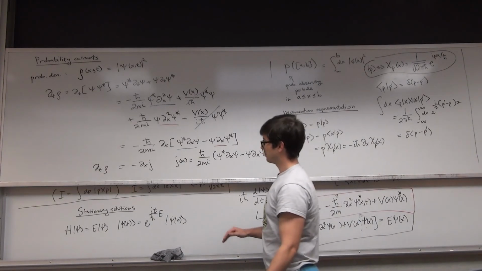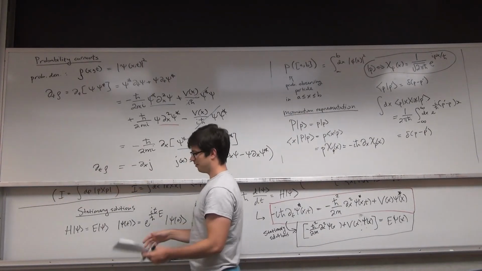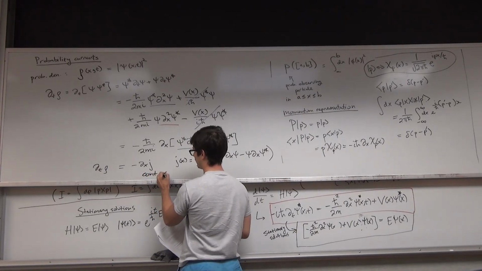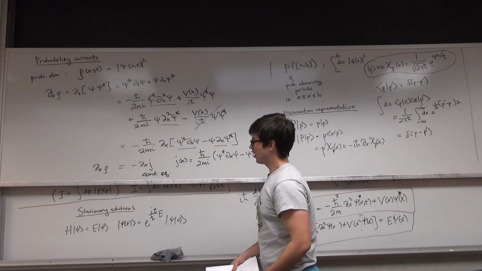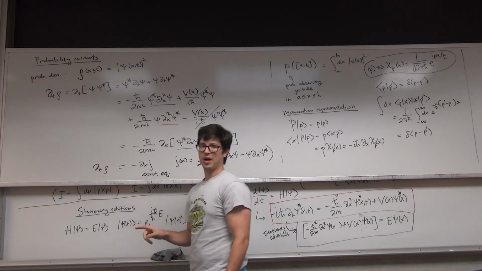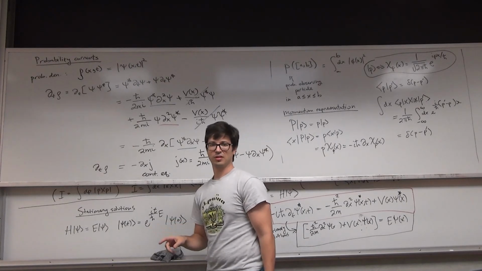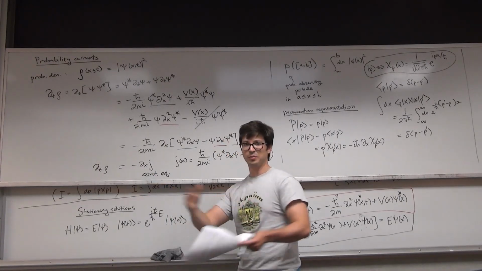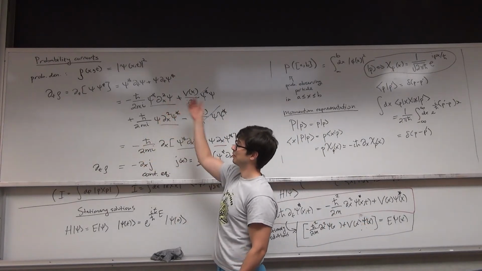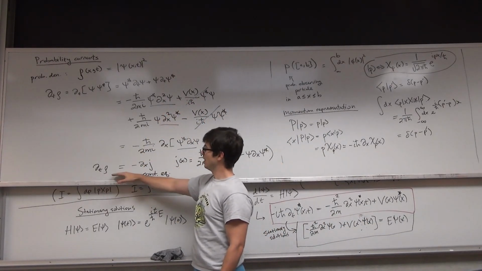Why is it a current? Because this has the form of a continuity equation. It's the equation that a quantity satisfies when it's conserved. And probability is certainly conserved. The probability of observing the particle always sums to 1, or integrates to 1 for this density. And this is a continuity equation.